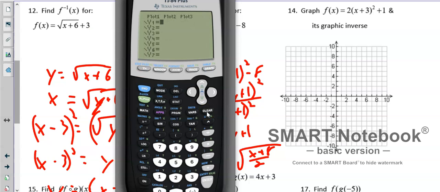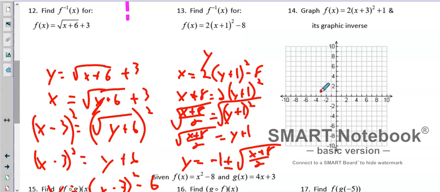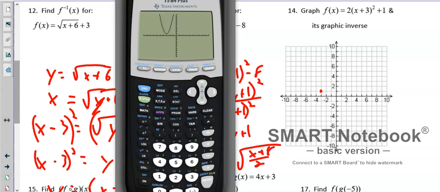And put in 2 parentheses x plus 3 squared plus 1. So we're going to graph that. Again, negative 3, 1 is going to be our vertex, because it's in vertex form. Now we just go to the table.